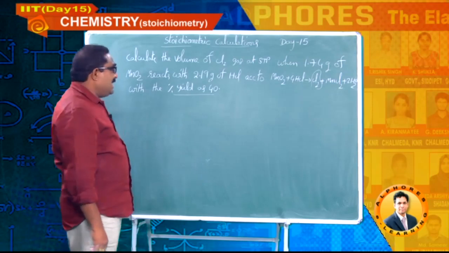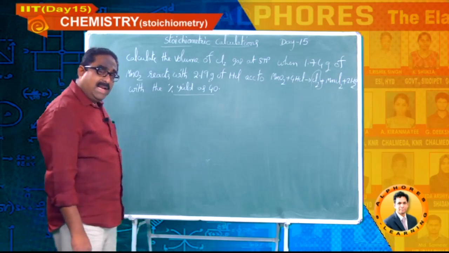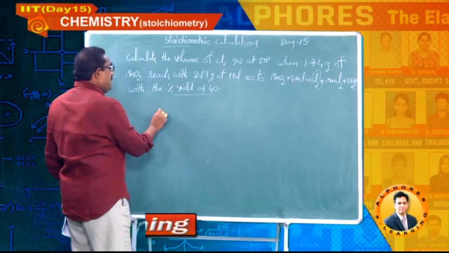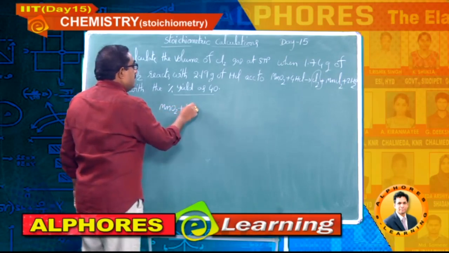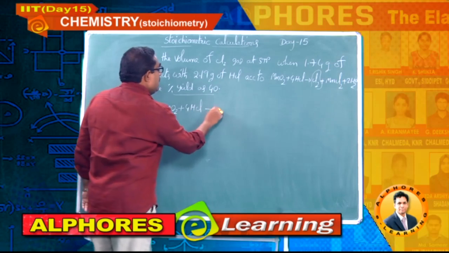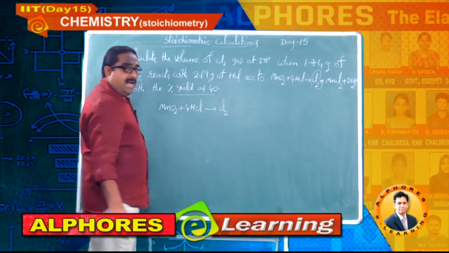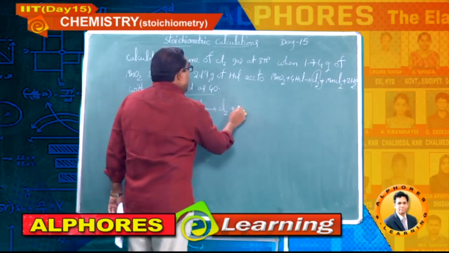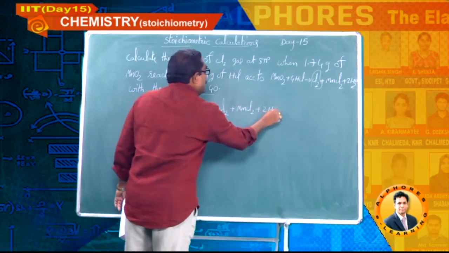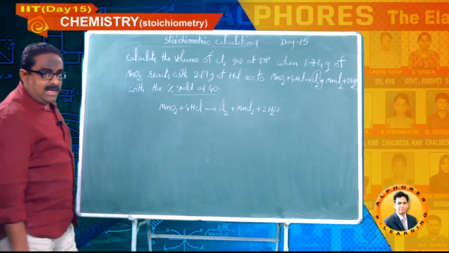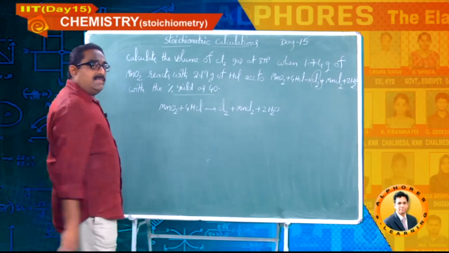Okay students, let me write down the balanced equation once again. Manganese dioxide plus 4 moles of HCl gives 1 mole of chlorine gas and manganese chloride MnCl2 plus 2 moles of H2O. This is the balanced chemical equation given to us.